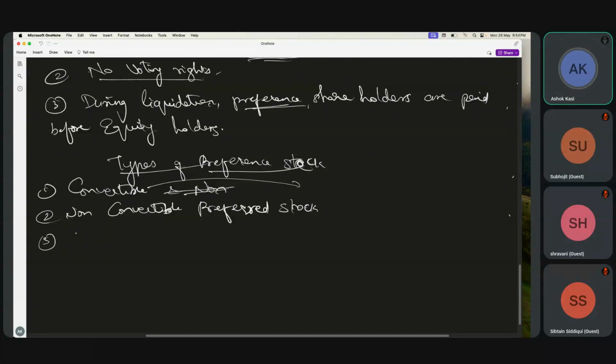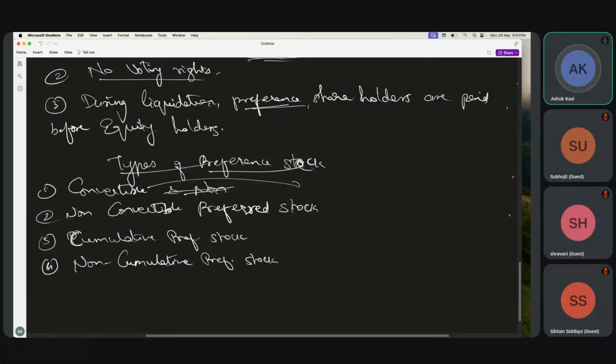Then next one is cumulative and non-cumulative preferred stock. Cumulative means, say for example, the company for some reason could not pay dividend this year.